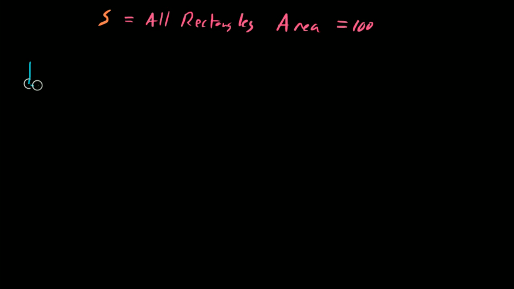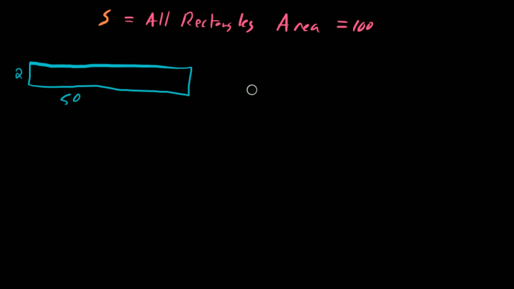We could draw kind of normal looking rectangles like this, and we could say, I don't know, maybe this side could be 2, and then this side could be 50, and you multiply 2 by 50. Our area would be this side times this side, and 2 times 50 would be equal to 100. We could have another rectangle where this side was 4, so it's twice that length, and then how long would this side be if our height was 4?